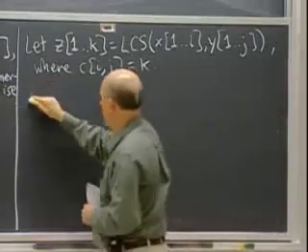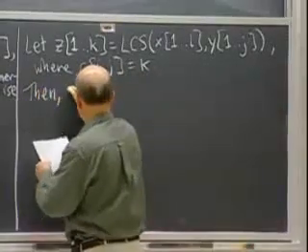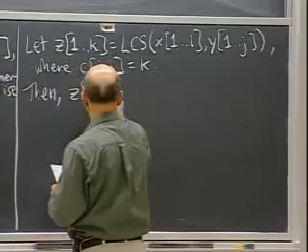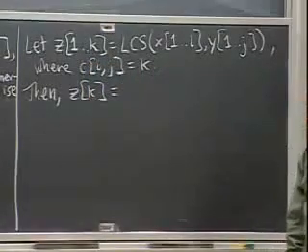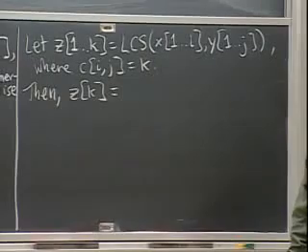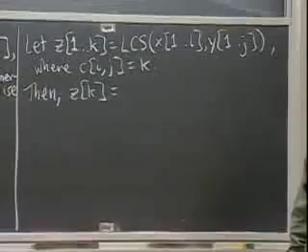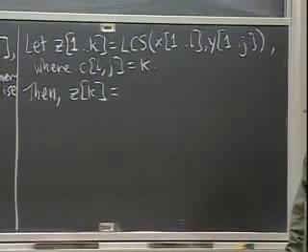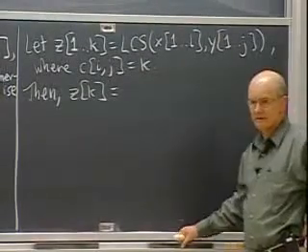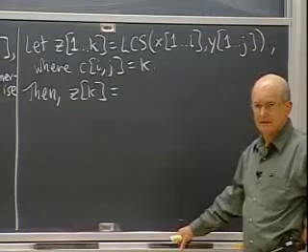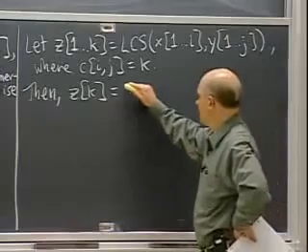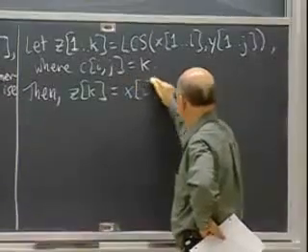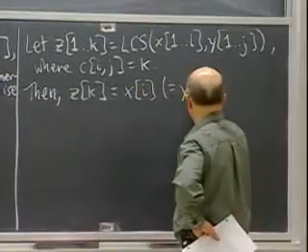Okay, so then can somebody tell me what z of k is? Yeah, it's actually equal to x of i, which is also equal to y of j.